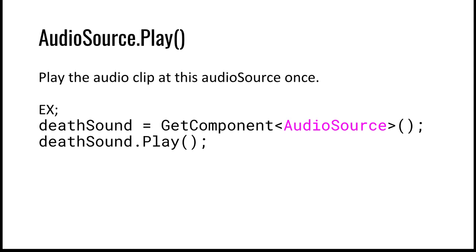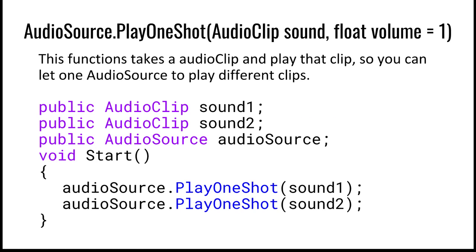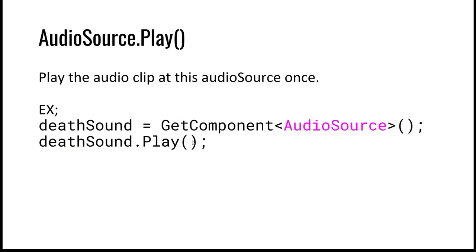Usually you're just going to be playing sounds, and that's just the method.play. And I believe this has optional arguments that you can give it for how long, how many times, and where in the clip to play. But yeah, that's basically how we do that.